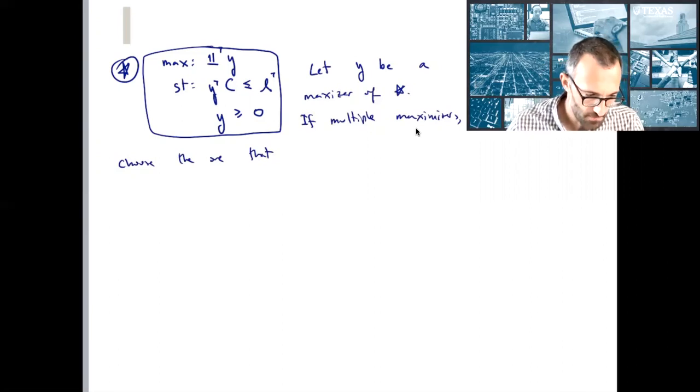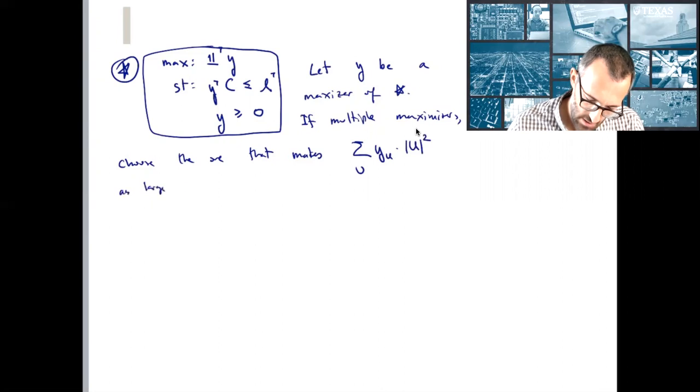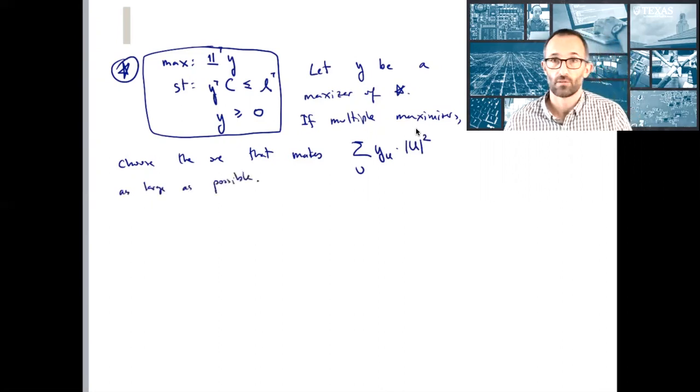So choose the one that makes this sum, yu times u squared, as large as possible. All right?